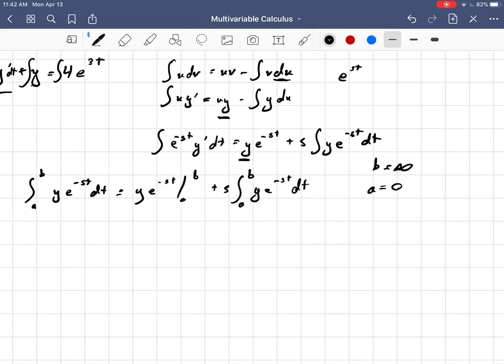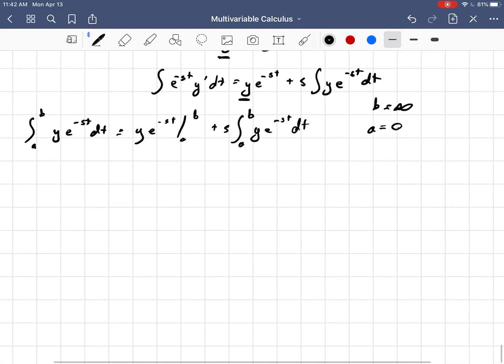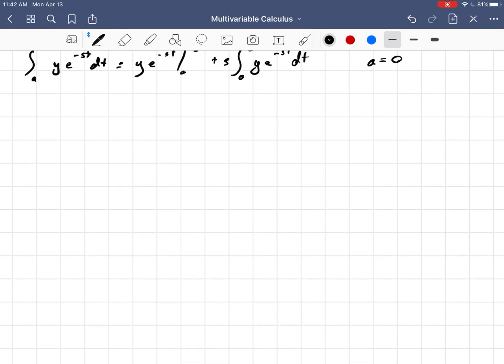On the other hand, if we choose a equal to 0, then e to the negative st evaluated at t equals 0 just gives a 1. And 1's a pretty nice number. So let's pick a to be equal to 0 and b to be equal to infinity.